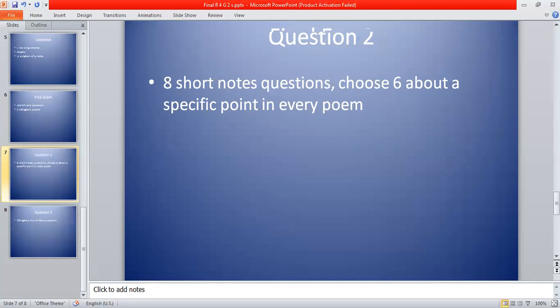For example, the symbolism in one of these poems, the features of the dramatic monologue in the second poem, the importance of the refrain or the repeated lines in one of the poems, the persona or the character in one of the poems, the surrealist elements, the features of the anti-hero, the features of the Amethyst School. The proper answer to these questions should be one paragraph in length.